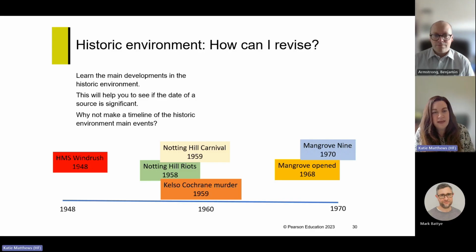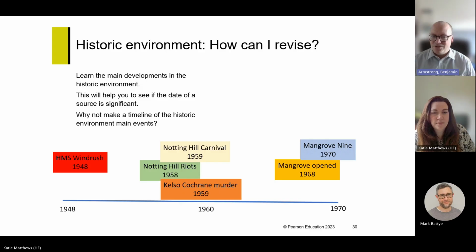Any other top tips in there you would add, Ben? I think just to say how important what you just said is about the dates. So for example, if you were to see a source on question 2A, that usefulness question, and it was set in 1960, it'd be really important to know that that's just after the Notting Hill Carnival and the Cochrane murder.